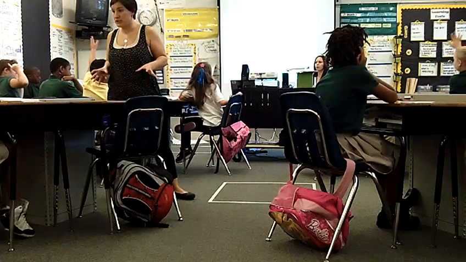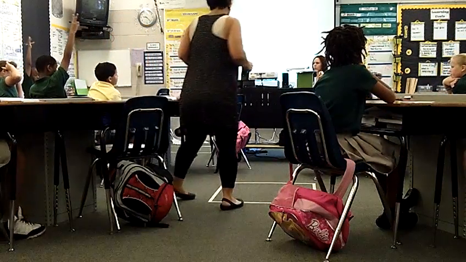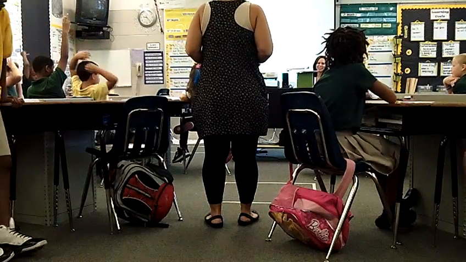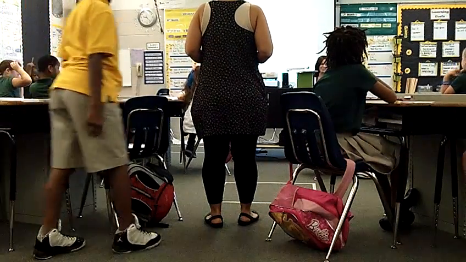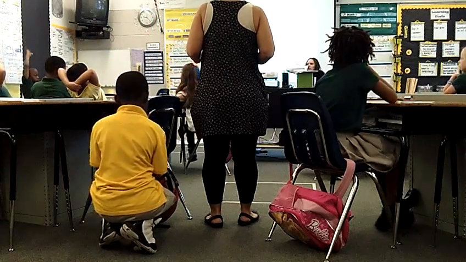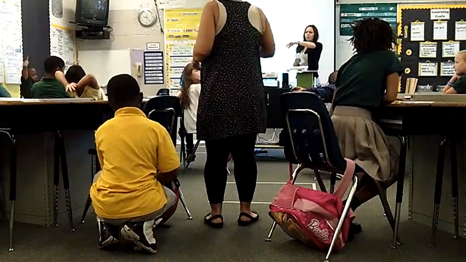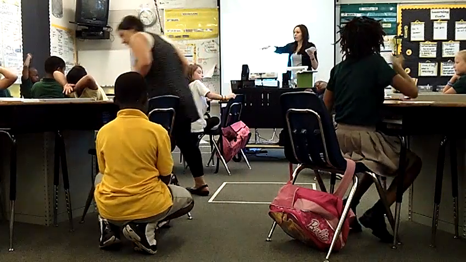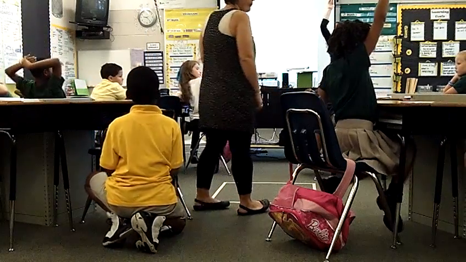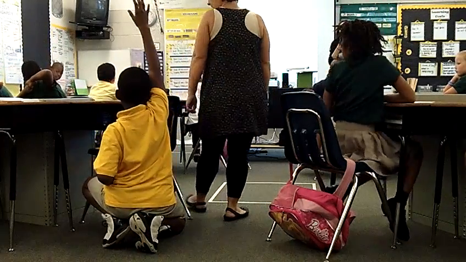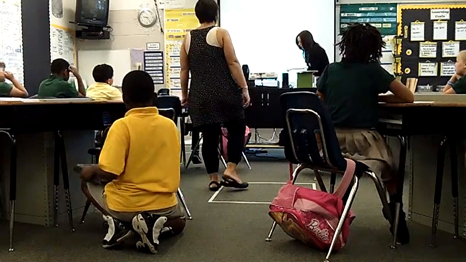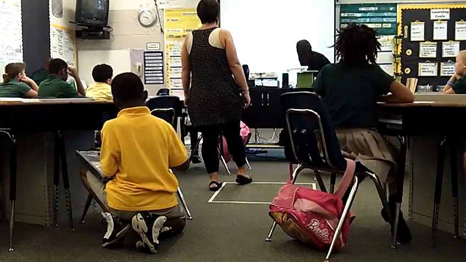Group 2, raise your hand. Group 3, raise your hands. Group 4, raise your hands. These cards all have numbers, so you're going to look for your group's number, and that's the first one you're going to start on.